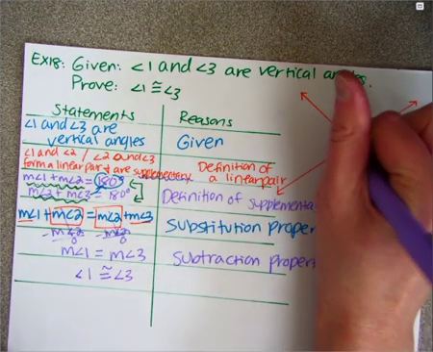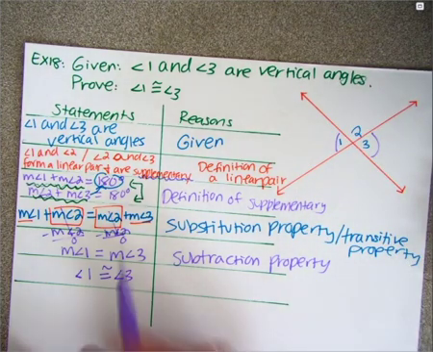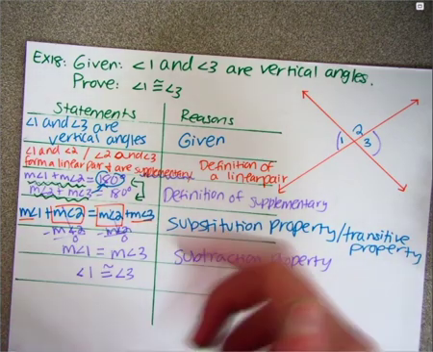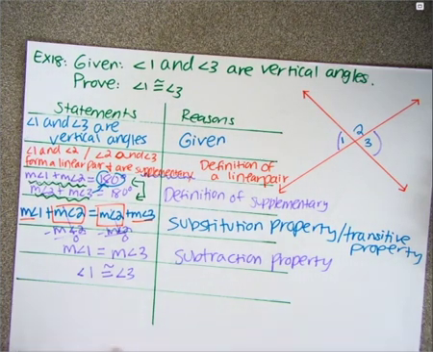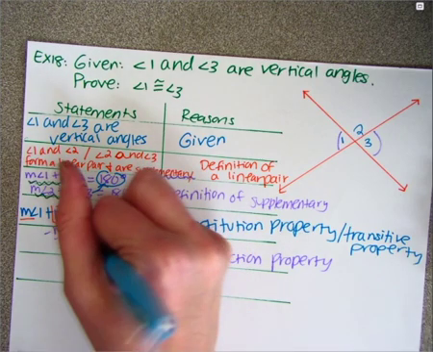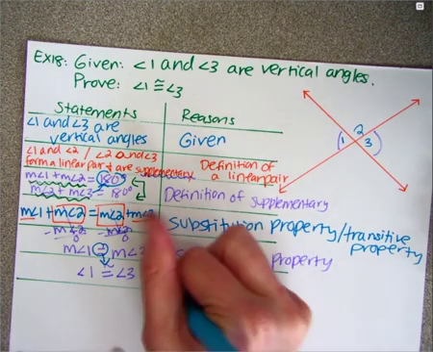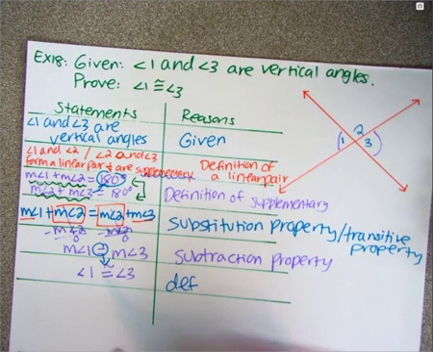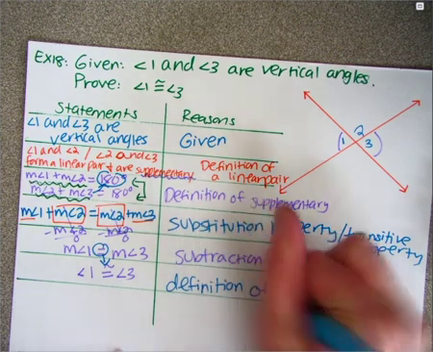And the reason why: what is it called when you transform an equal sign into a congruent sign, or vice versa? It is called definition of congruence. That's what it means to be congruent. So, definition of congruence.